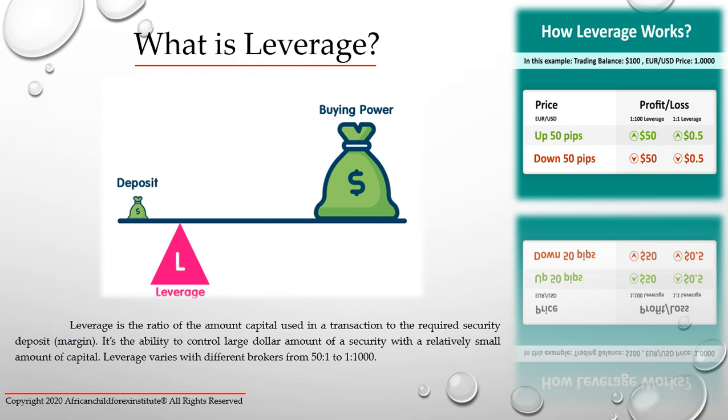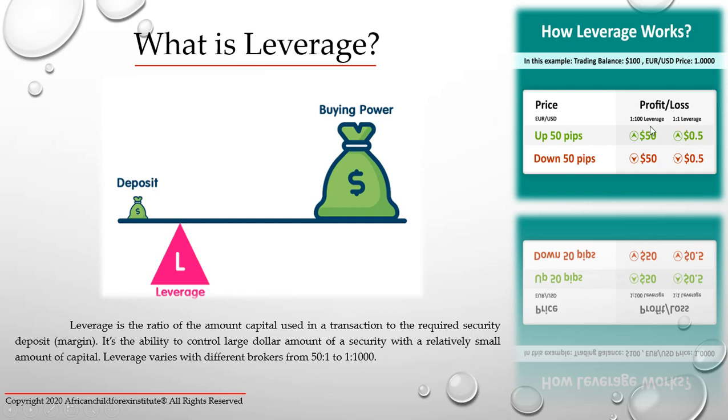So we have instances where you have 1:100 leverage and 1:1 leverage. With about a 50 pip move to the upside, you can make $50 with 1:100 leverage, and with 1:1 leverage you can make about $0.5, which is 50 cents.